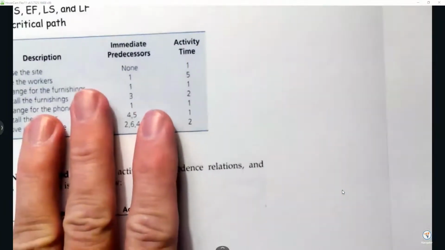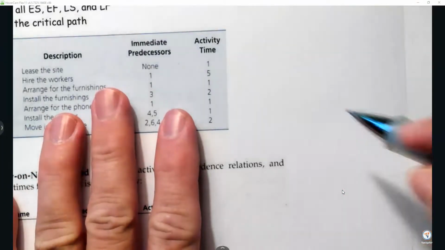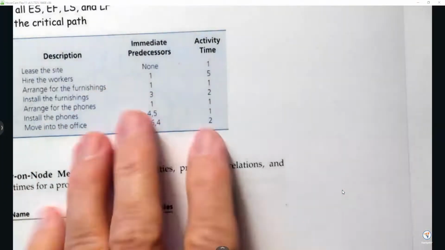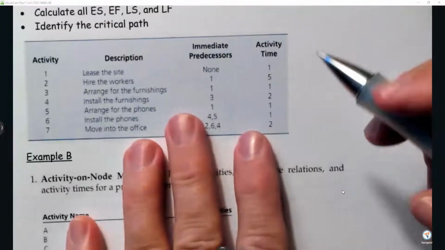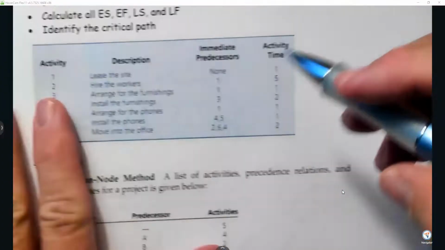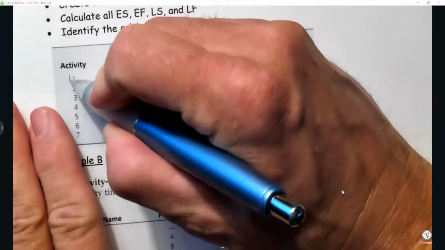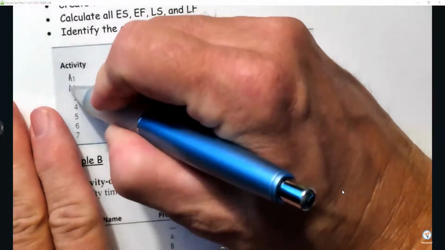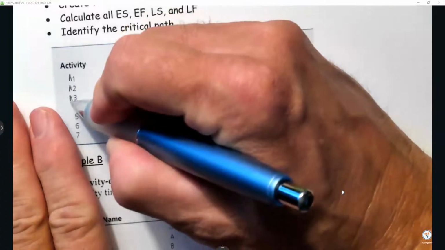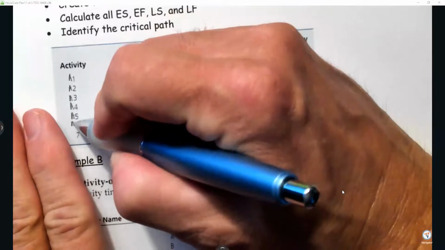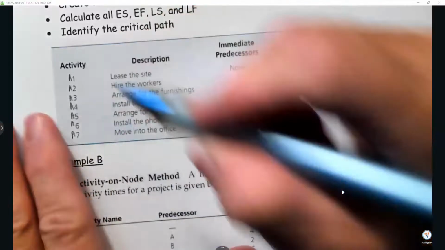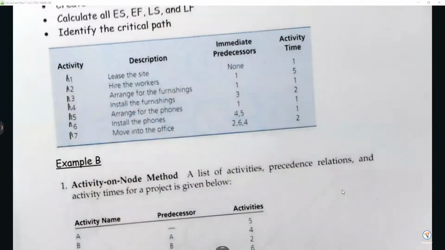I'm going to sketch it out here first, and then transfer it to a bigger piece of paper so you can see the details. I'm going to call the activities A1, A2, A3, A4, A5, A6, A7, so that the times and the activity names don't get messed up.